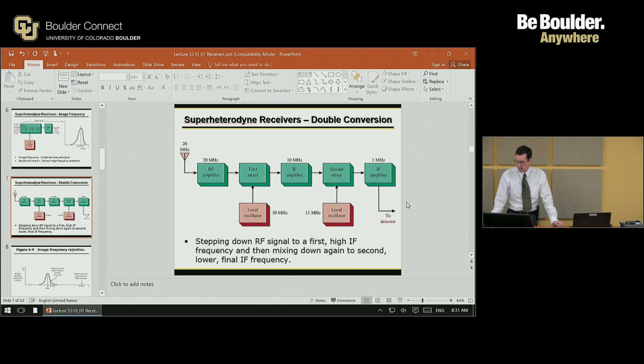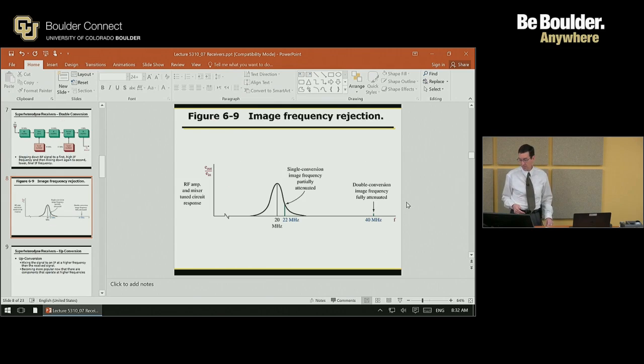And what it does is the same thing as the first stage, but it just does it a second time. And as a result, that image frequency gets pushed out to another location. Hopefully it's outside of your filter. If it's not outside your filter, then it didn't help.